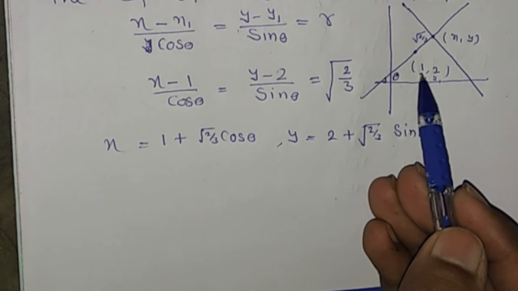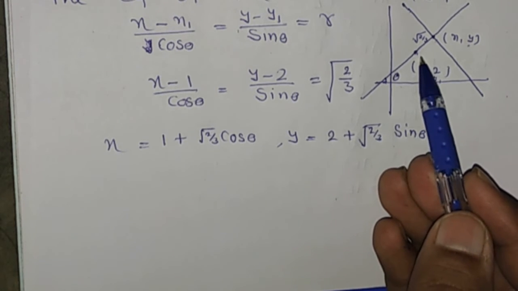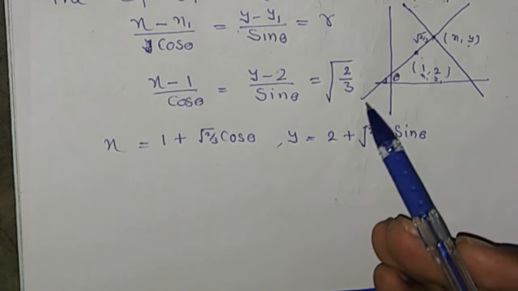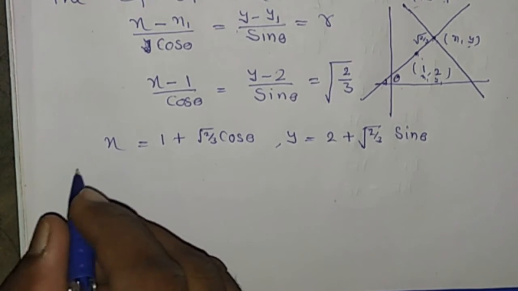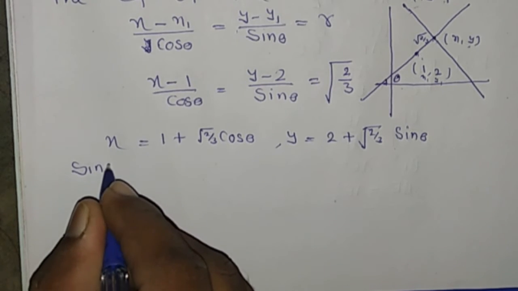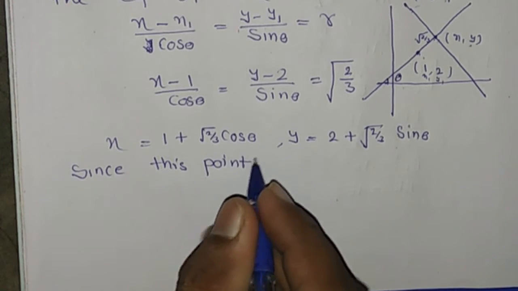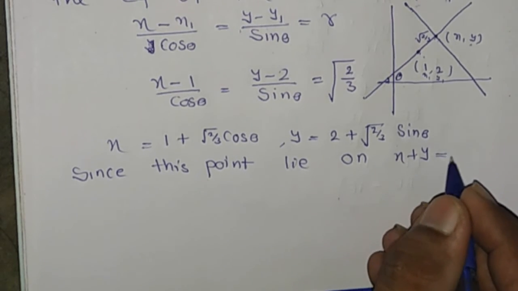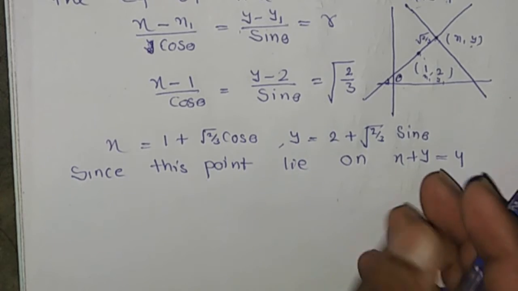Means the point x, y is at a distance of root 2 by 3 from x1, y1, and x, y is the intersection of x plus y equal 4 and the straight line. Since this point lies on x plus y equal 4, this point will satisfy the equation.